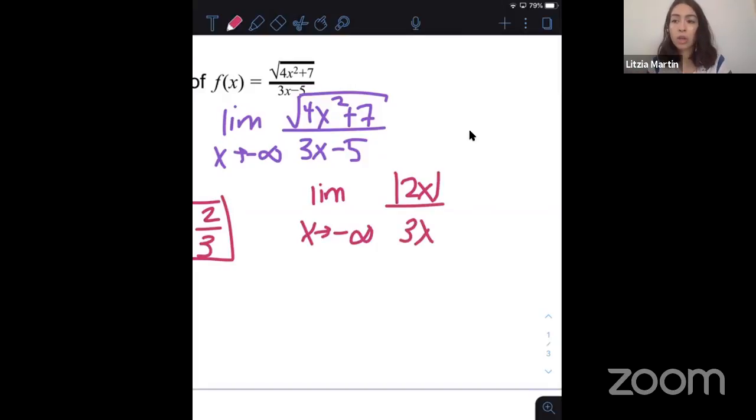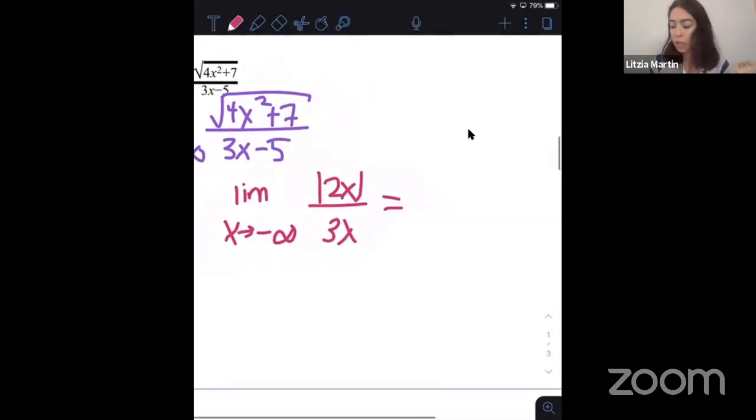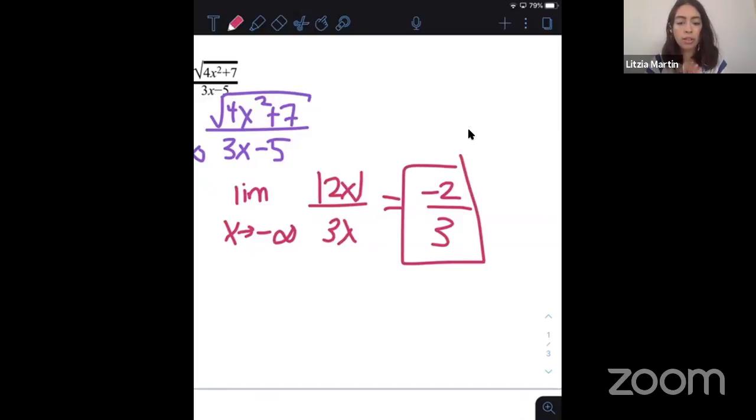So if I were to plug a negative number into this function, in the top it would still be positive, but in the denominator it would be a negative number. So this would actually be negative 2/3 as x is approaching negative infinity. So that is how we look at finding horizontal asymptotes.